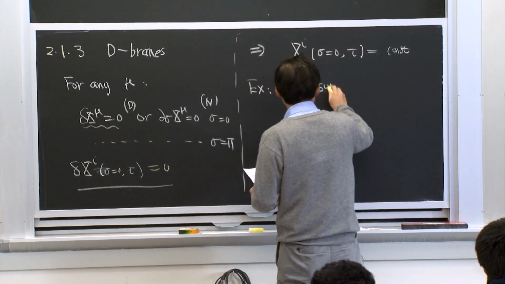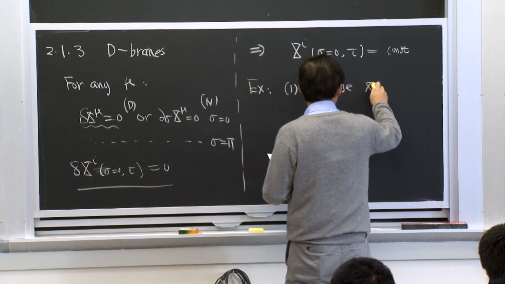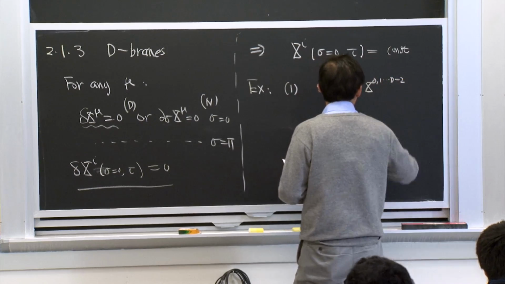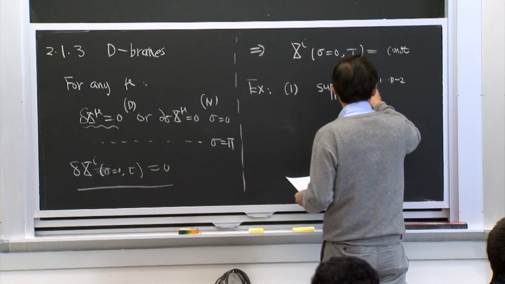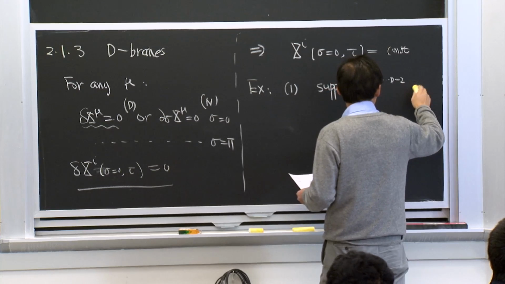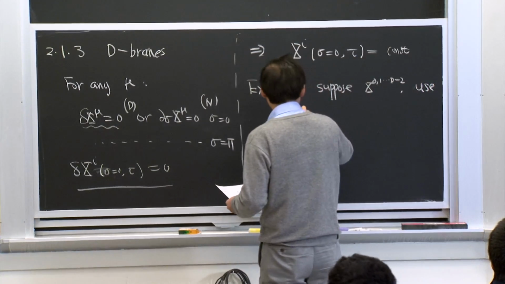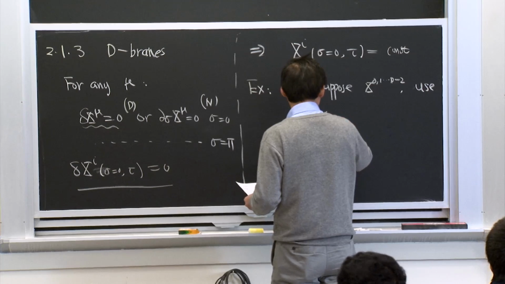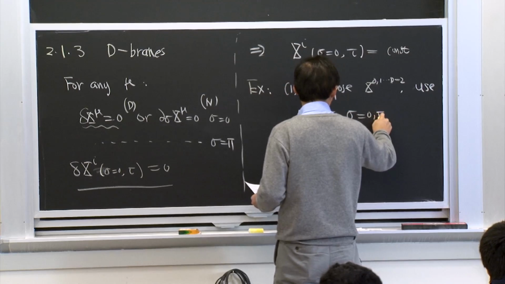Suppose in all directions from 0 to d minus 2, we use the Neumann boundary condition, as we did before, for both sigma equal to 0 and pi.